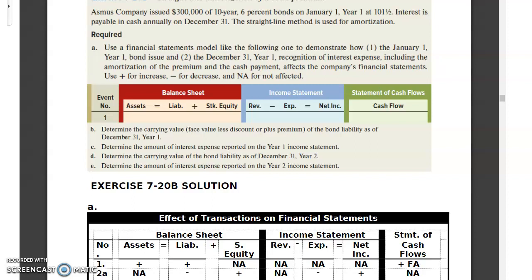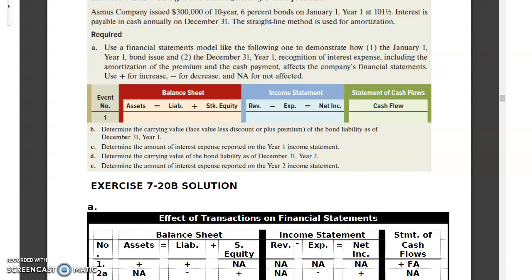Okay, the company issued $300,000 of 10-year 6% bonds on January 1, year 1, at 101.5. Okay, bond prices are listed as a percentage of 100. So if the bonds had been issued at 100, that means they would have been issued at the face value, or 300,000.